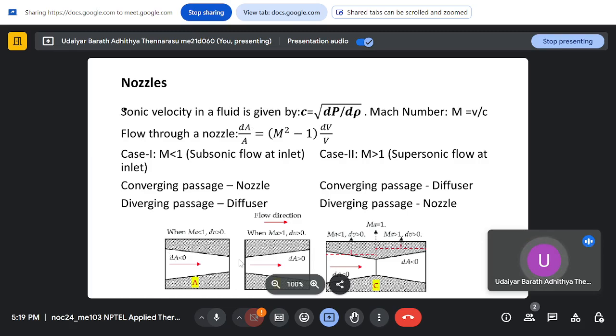So it should have a converging section in subsonic flow for there to be an increase in velocity, and similarly it will act as a nozzle, and if your Mach number is greater than 1, then it will act as a diffuser.